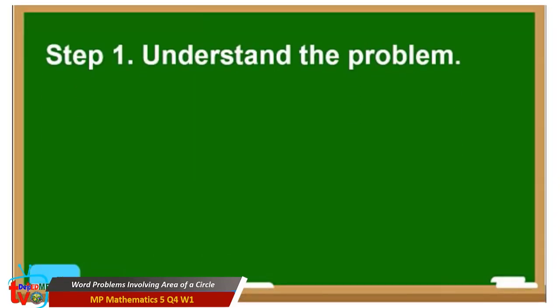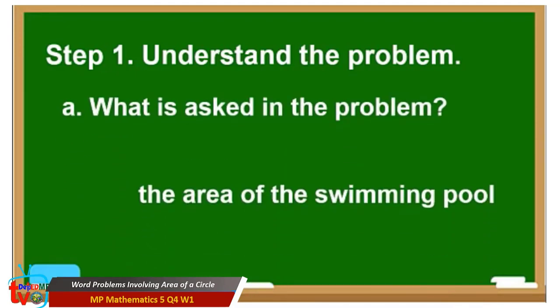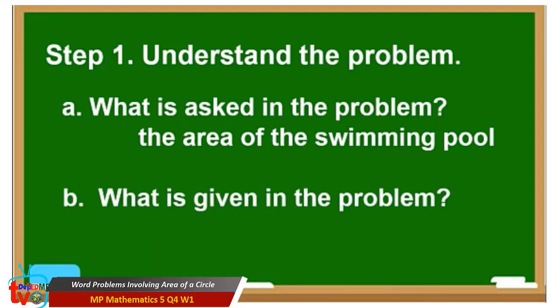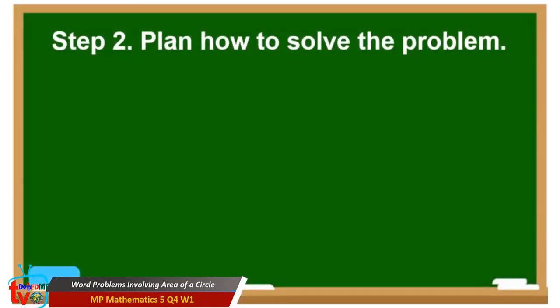Step 1. Understand the problem. What is asked in the problem? The problem asks for the area of the swimming pool. What is given in the problem? A diameter of 16 meters. Let us now plan how to solve the problem by answering the following questions.